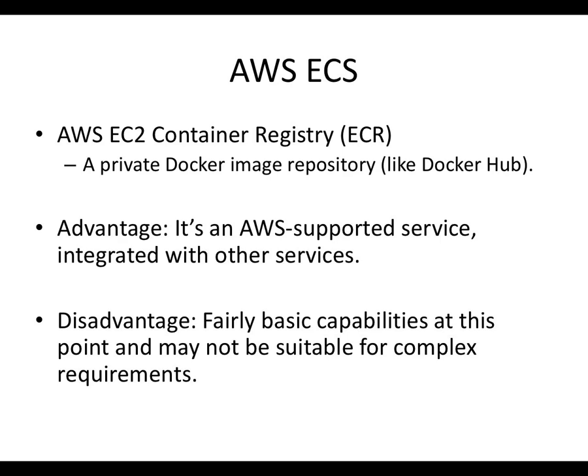With ECS, you can say, I want to spin up 2 copies of this particular Docker image, and that image is stored on the EC2 container registry, and it all just works together very nicely. Instead of pulling your images in from Docker Hub, like we did last week when we pulled down the Nginx container, that image can be pulled down from ECR.